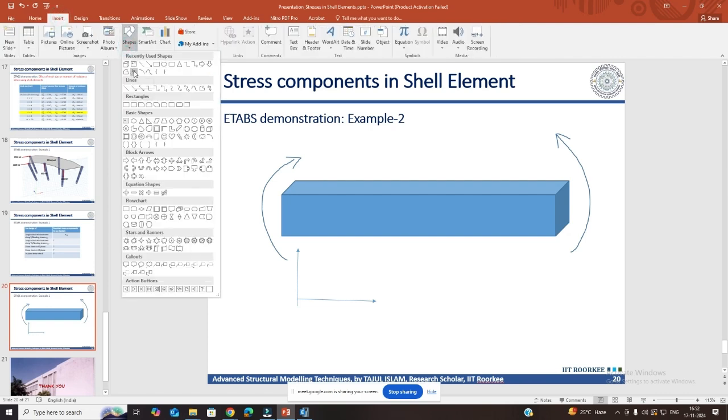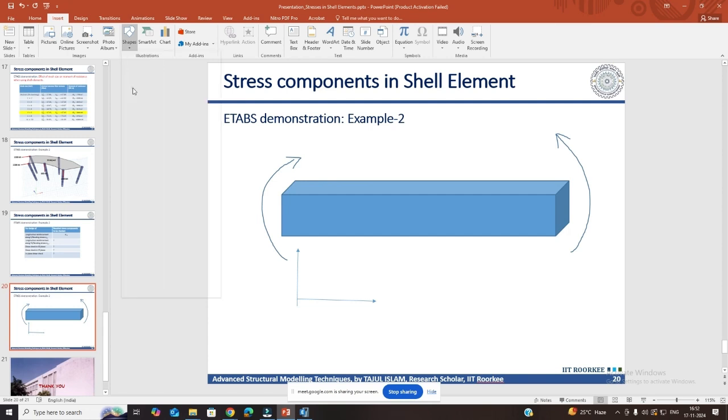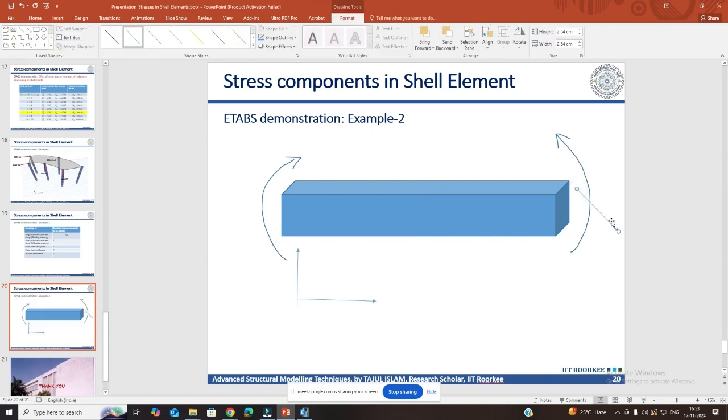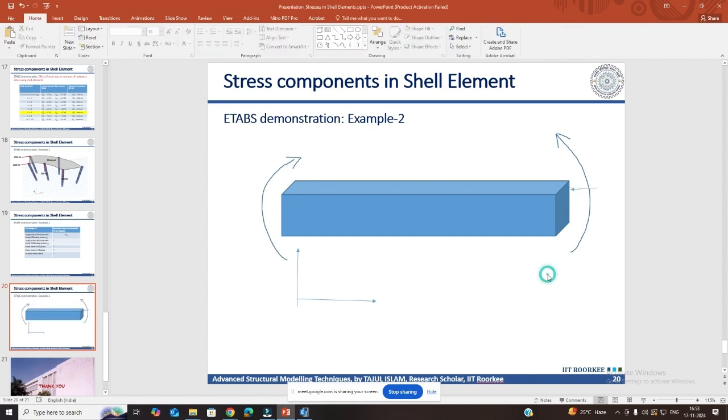Compressive above the neutral axis and tensile below the neutral axis, in the x direction. That's perfectly correct. But what will be the direction? The tensile will be in the x direction and the compressive will be in the negative x direction. Is it correct?